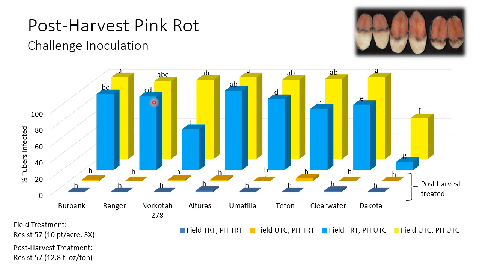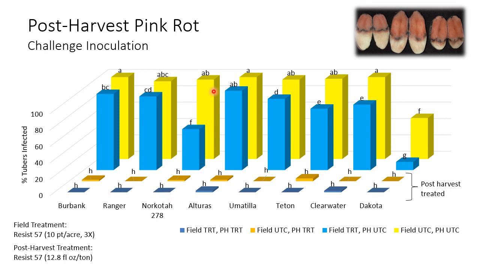The reduction in Ranger wasn't statistical. With Norkotah, though, it was. We had a big reduction with just the field program alone, and this is with challenging these potatoes as they're getting ready to go into storage. And when Nora and I were working with trying to develop this application, most of our work was done with Norkotah because of its susceptibility to pink rot.